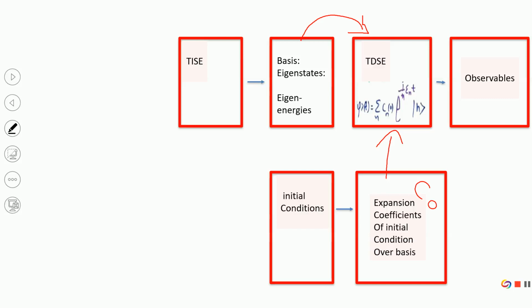We are going to practice this eigenstate expansion, and we know eigenstates, we know eigenenergies of the oscillator, and we need to know the expansion coefficients, which we almost know, right?